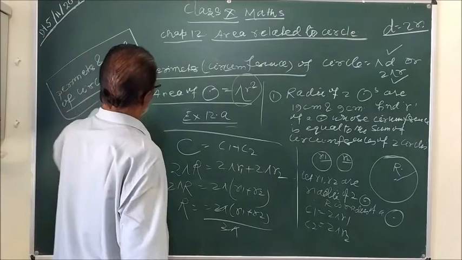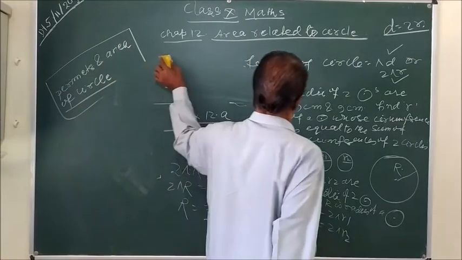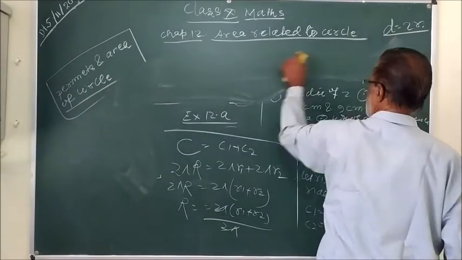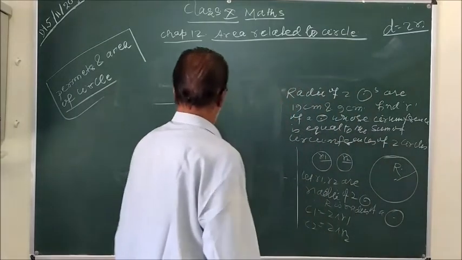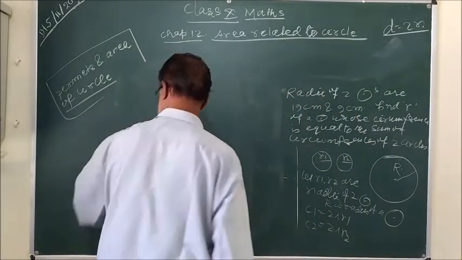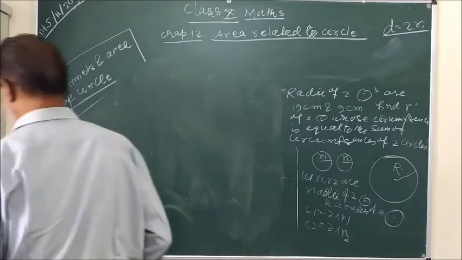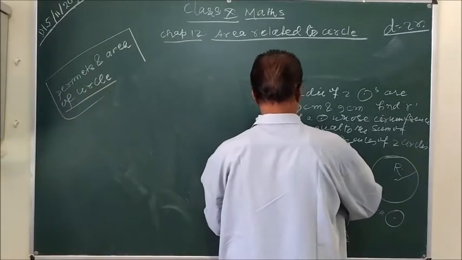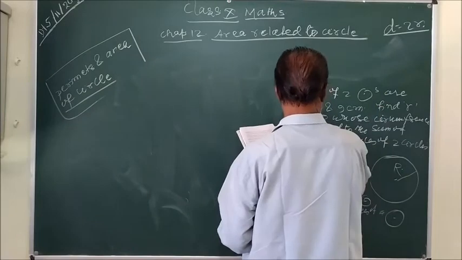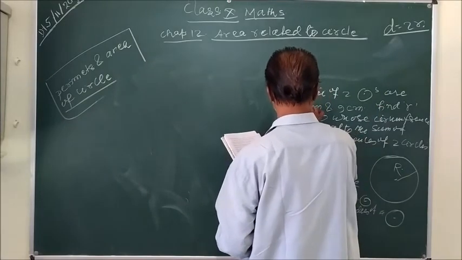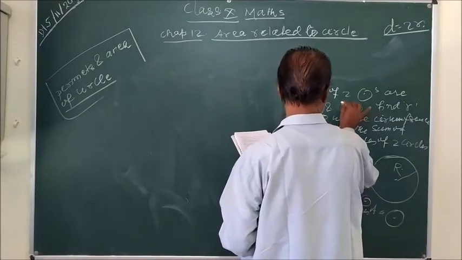Question number 2, you see: the radii of 2 circles are 8 cm and 6 cm.